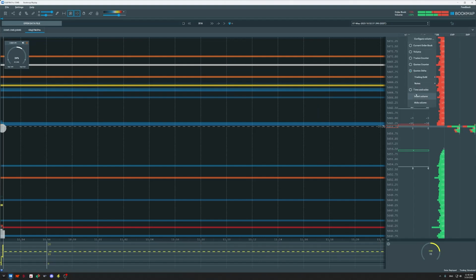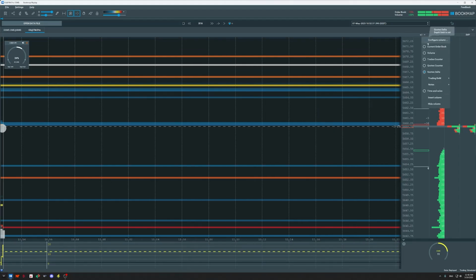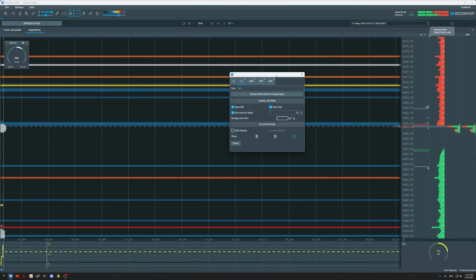I'm going to just delete that, add this column, and then configure it. So you choose column quotes delta, show bid, show as, show maximum depth. I have 10. If you remove that, it's just going to calculate everything here. I just need the ones that are very close to the last price traded. And I have this type of view.